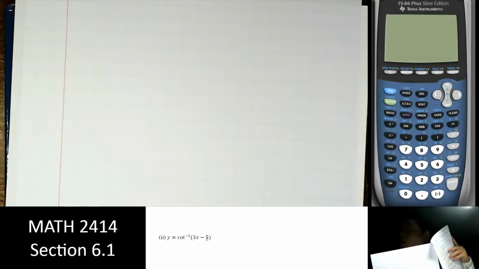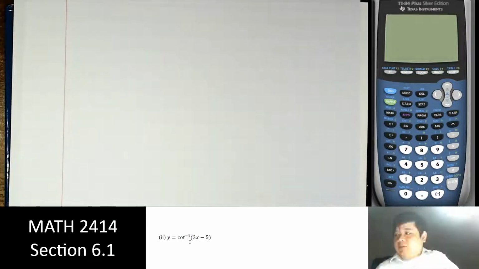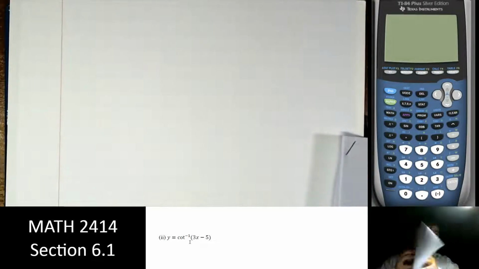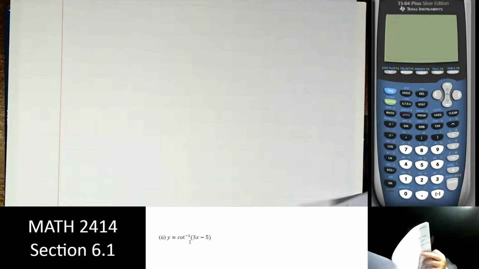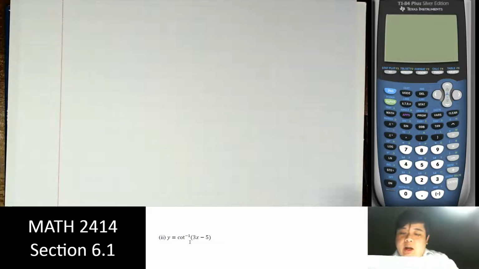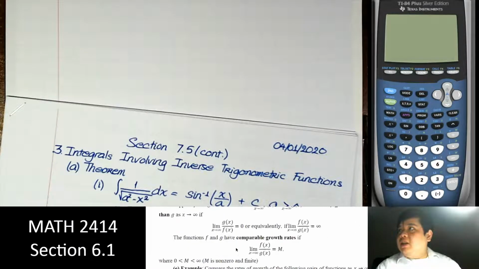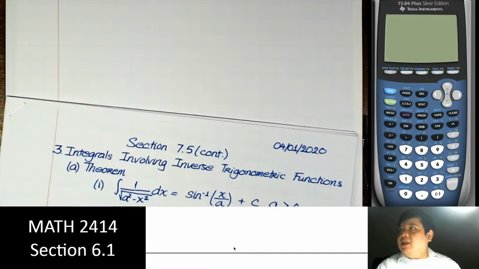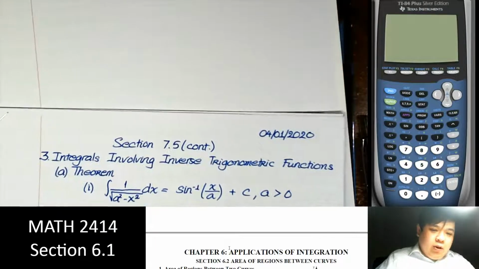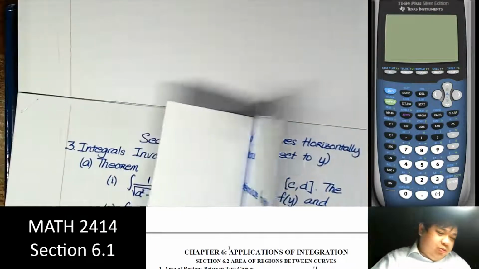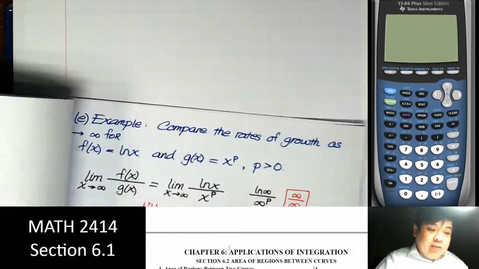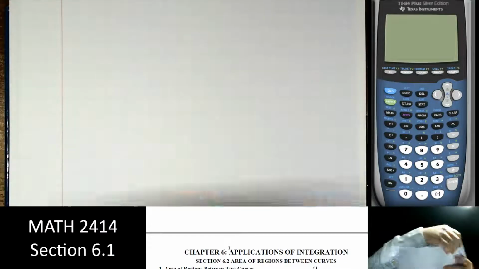Yeah, we're talking about this one. Next. Now this is more a typo. Section 6.1. Actually, we don't have any section 6.1.